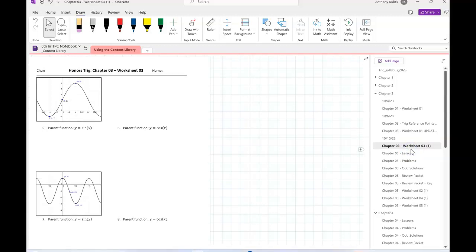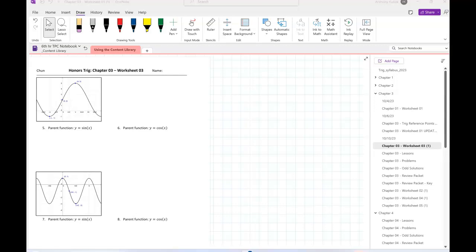Everybody cool? So to review for Sunday, what am I expecting in the problem set? For Sunday, I'm expecting just the chapter 3 worksheet 1.